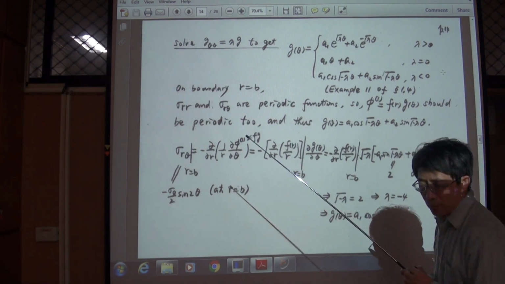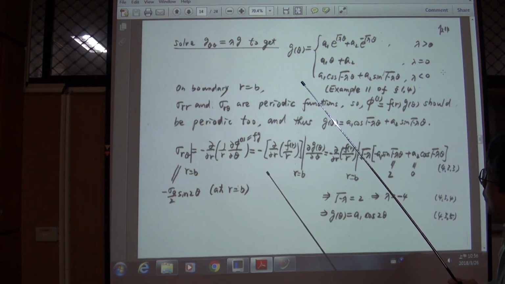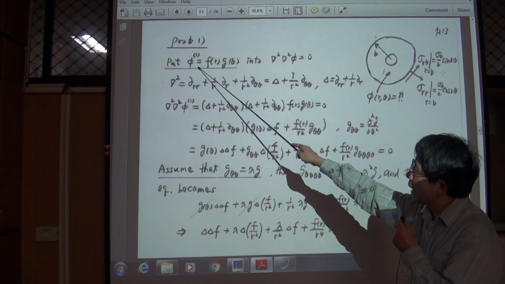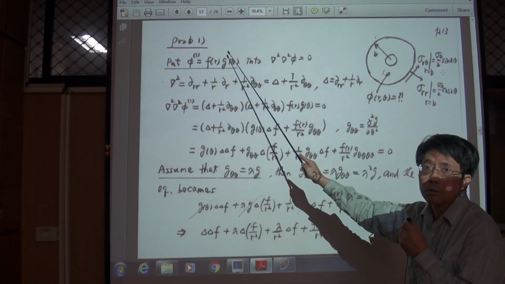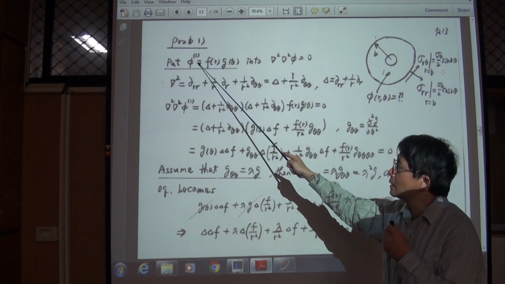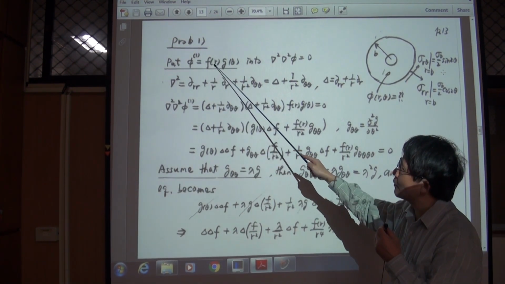Okay, let me explain how to proceed. We assume that phi bracket 1 equals f times g, so we need to find out f and g.